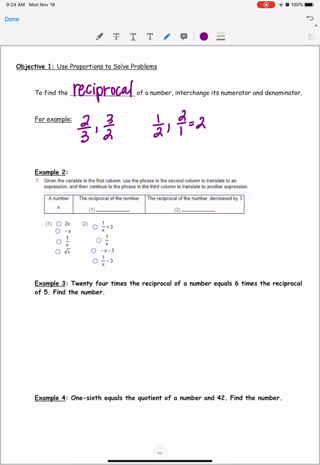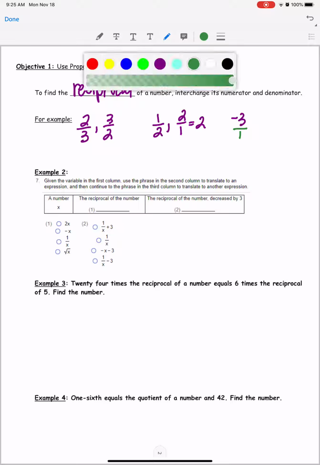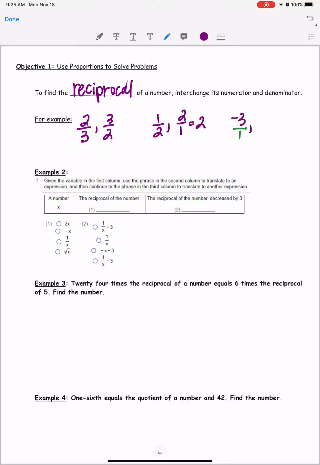So then the reciprocal of something like negative 3, we'll put that over 1. So the reciprocal to negative 3, or negative 3 over 1, would be negative 1/3. Okay, so you're just taking that fraction and flipping it.